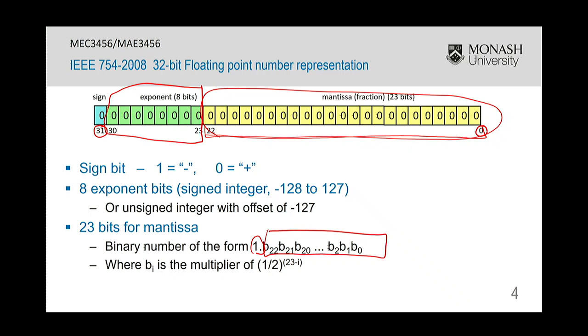Remember, this is a binary number, so this 1 is not stored because we don't need to store it. These b's are the multipliers of the powers of 1/2. The first one is the multiplier of 1/2, the second is the multiplier of 1/4, the third 1/8, etc.